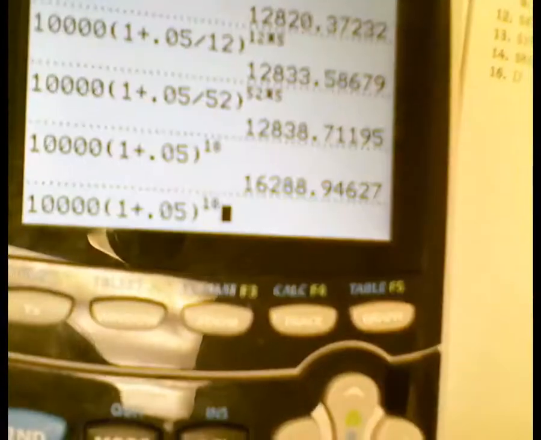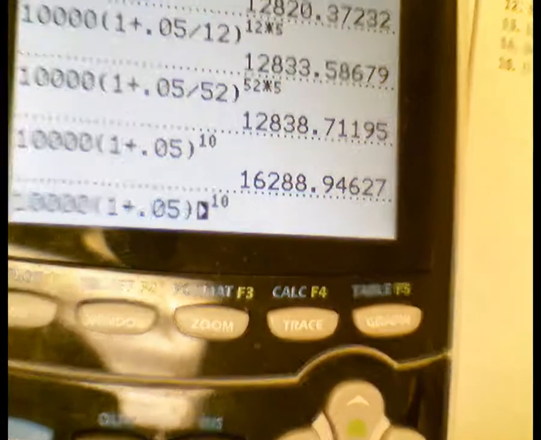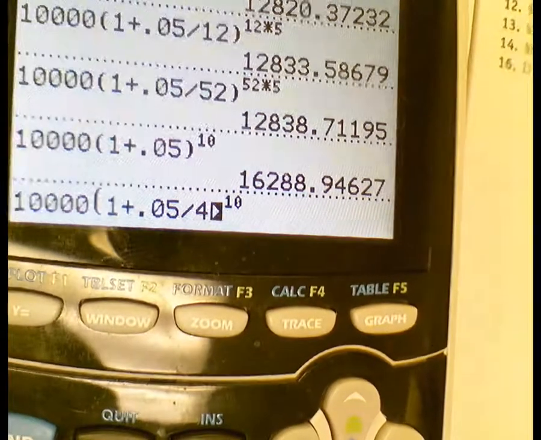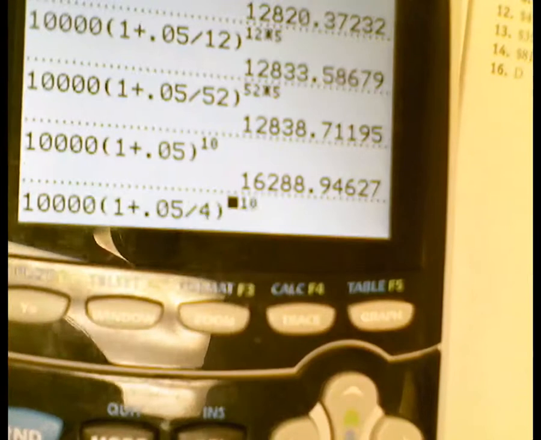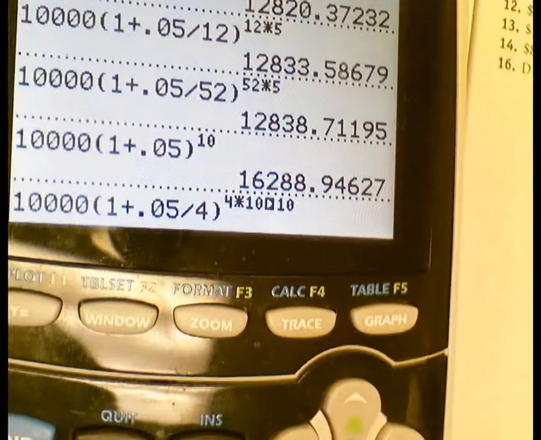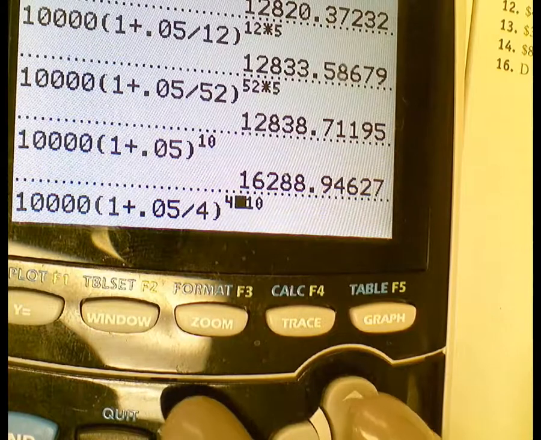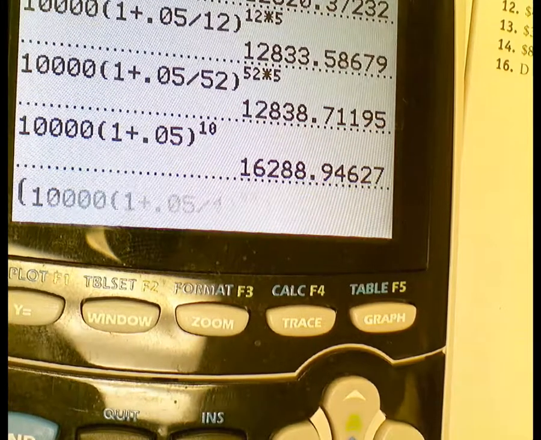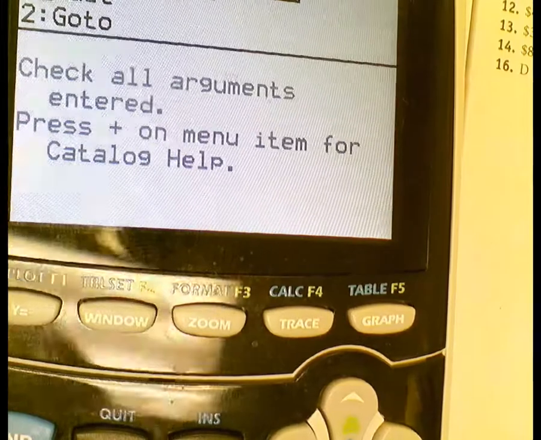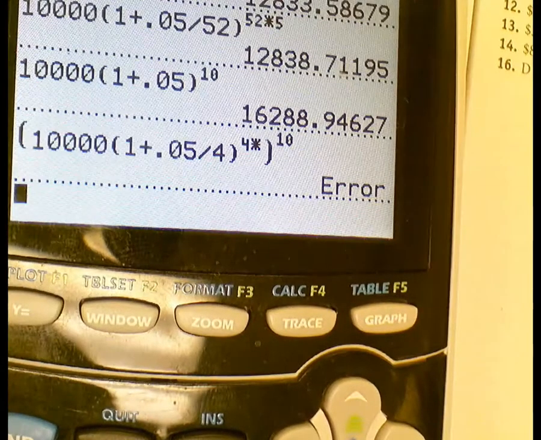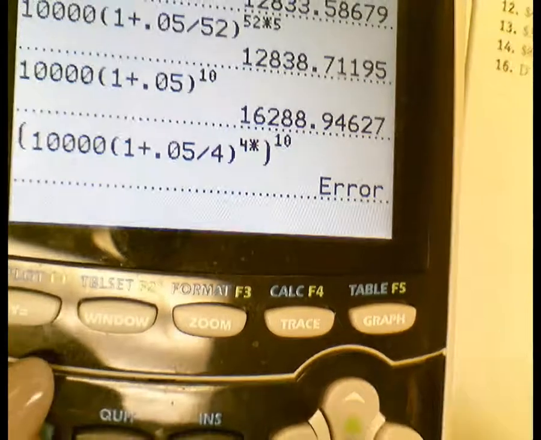So we're going to do quarterly. So we're going to press second enter. We're going to come in here. We're going to press this divided by 4. Raised to the 4 times 10. So in other words, it's 40. Oh, I knew that something was going to go wrong. Oh, I have something completely wrong here.